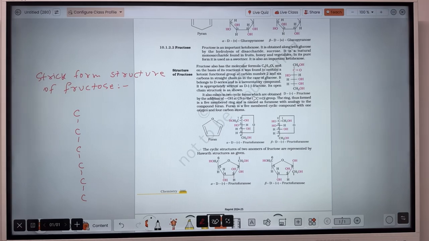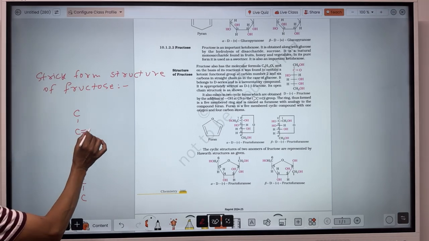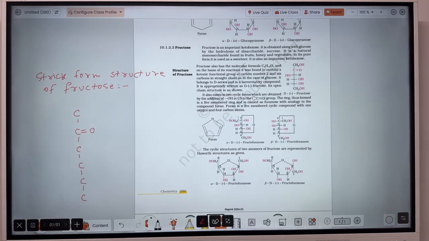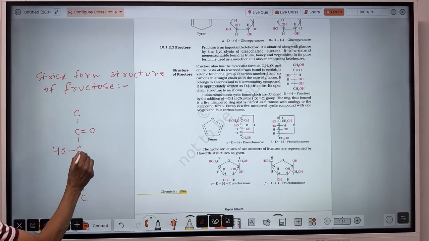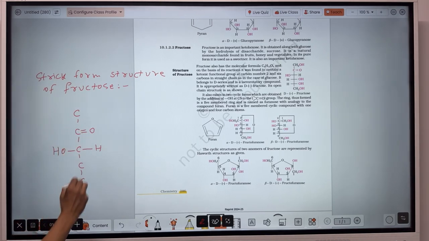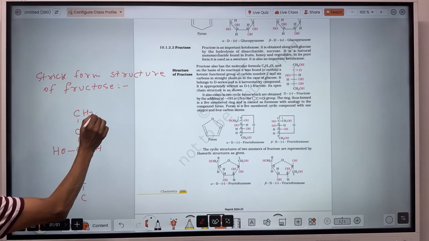Now there will be a ketonic group at the second carbon atom, and at the third carbon atom there is an OH group at the left hand side, and in the remaining ones the OH group will be towards the right hand side.